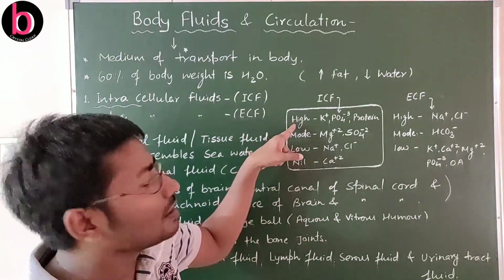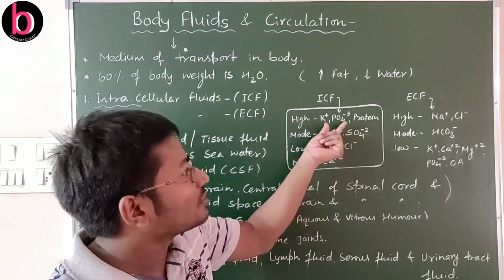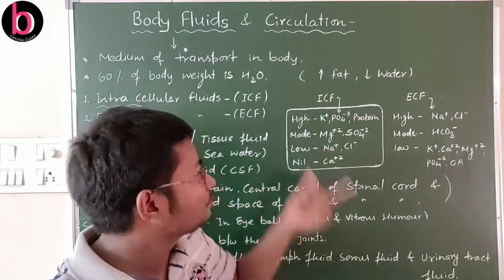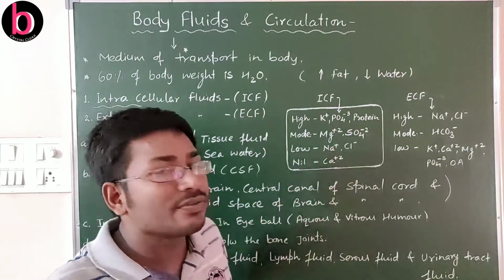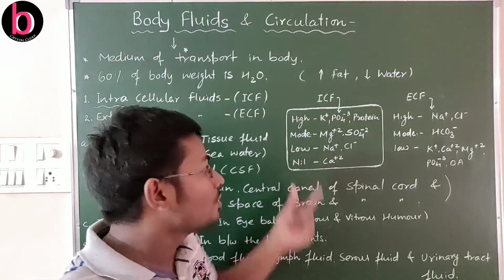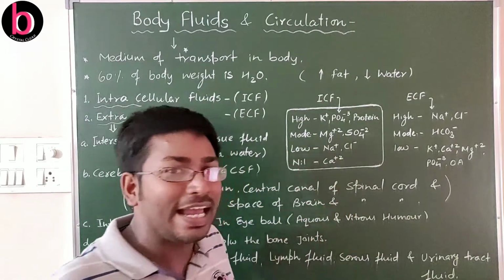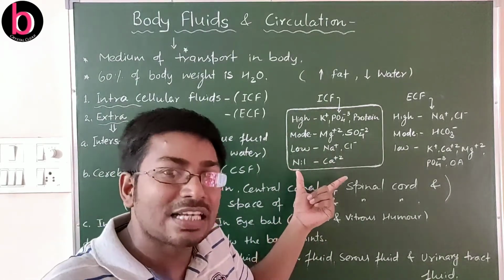Inside the cell there is a very high concentration of potassium ion, phosphate ion and proteins. Moderate concentration of magnesium ion as well as sulfate ion. Next, very low concentration of sodium and chloride ion, while there is almost nil concentration of calcium ion.